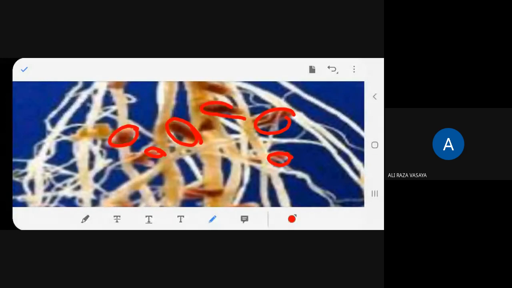All these are nodules. Now, what is the bacterium which is present over here? Can anyone tell me? Which is the bacterium that lives in the nodules of the leguminous plants?